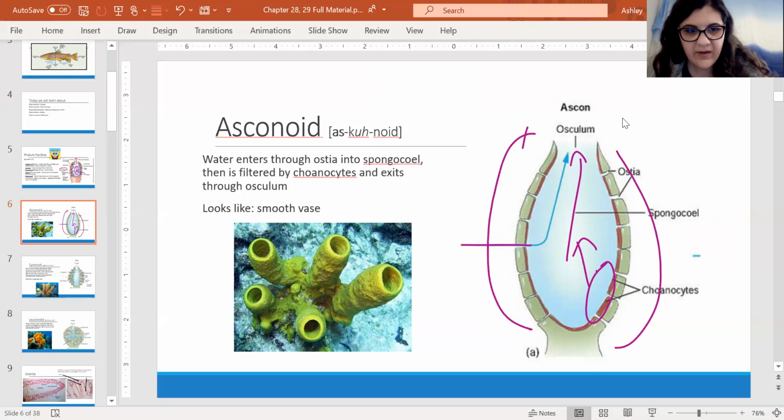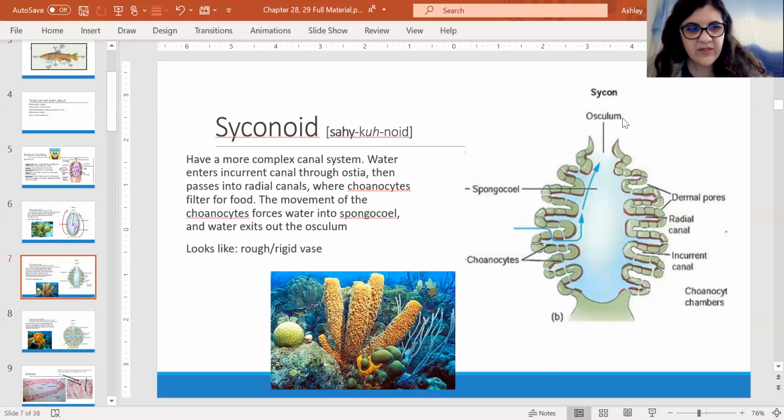In appearance, it looks like a smooth vase, which you see in that picture. That brings us to the second type of sponge, the syconoid sponge. This is a little more complex in that the ostia open up into canals called radial canals, which is shown here.